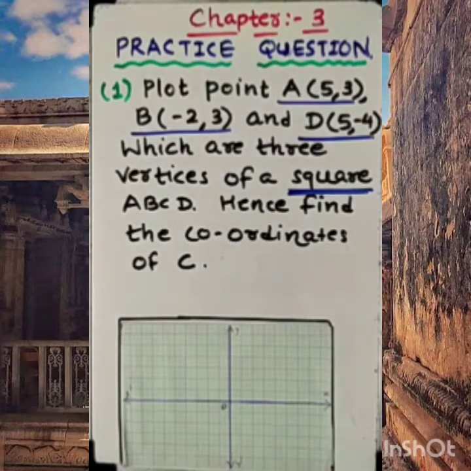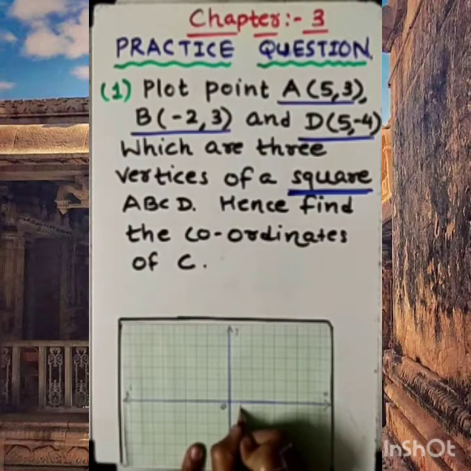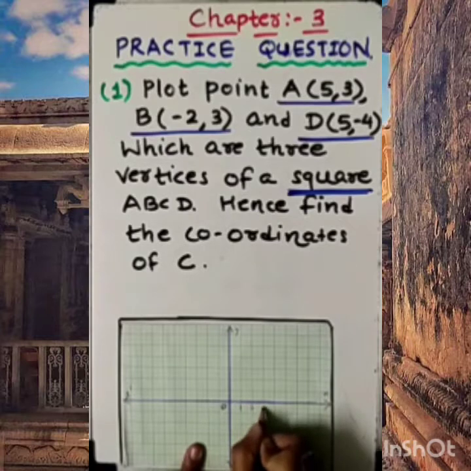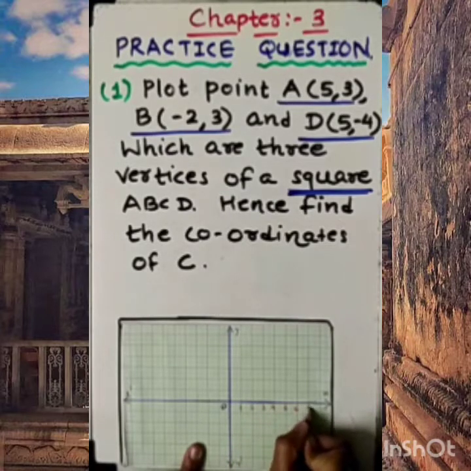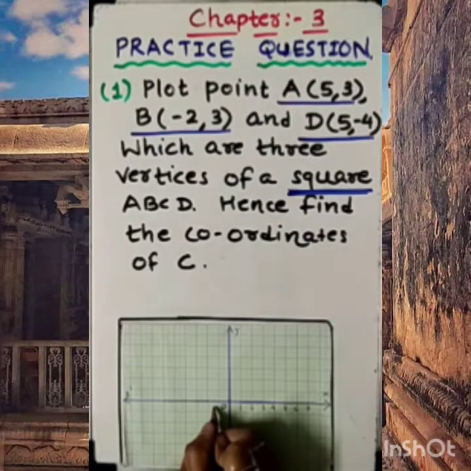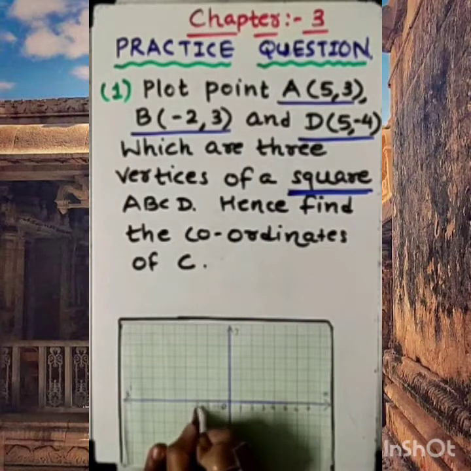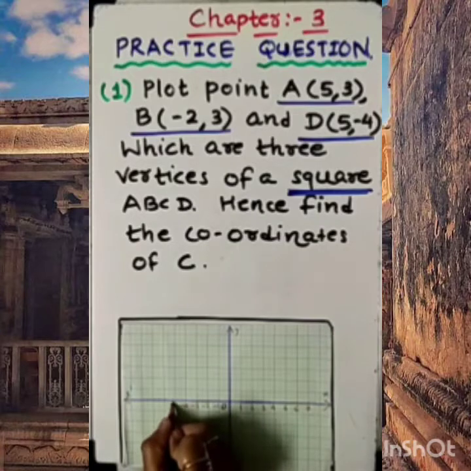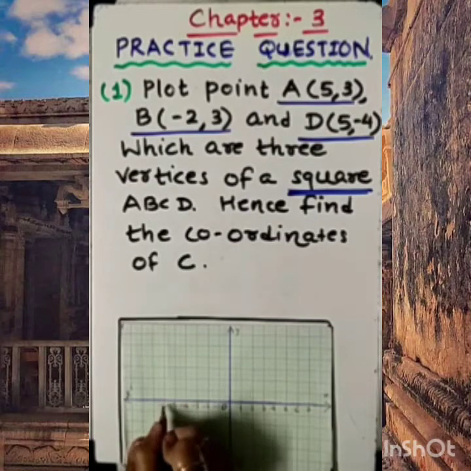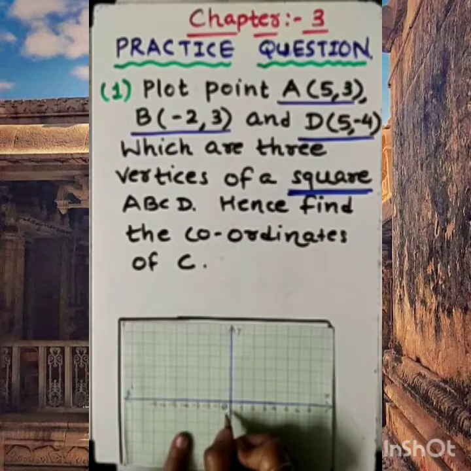Fine. So dear student, now it's important to put the numbering. I am writing here 1, 2, 3, 4, 5, 6, 7. This side minus 1, minus 2, minus 3, minus 4, minus 5, minus 6, minus 7.